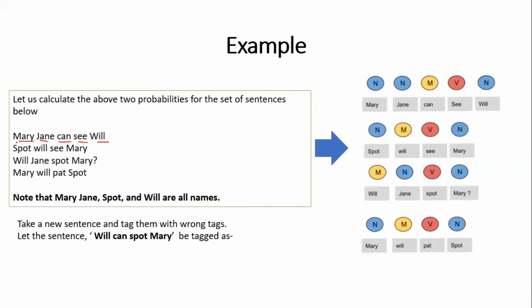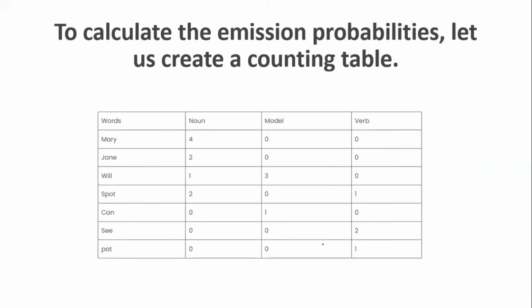So we have Mary, Jane, Ken, C, Will, 5, and Spot is 6. Then Pat, 7. So in total we have 7 words. Don't take repeated words again.